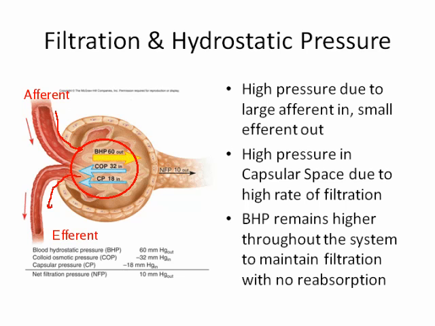The capsular pressure is only 18, I'm sorry. It's only 18. 60 pressure pushing against the glomerulus, 18 pressure within the capsule. High rate of filtration. High rate of filtrate moving from within the glomerulus into that capsular space.